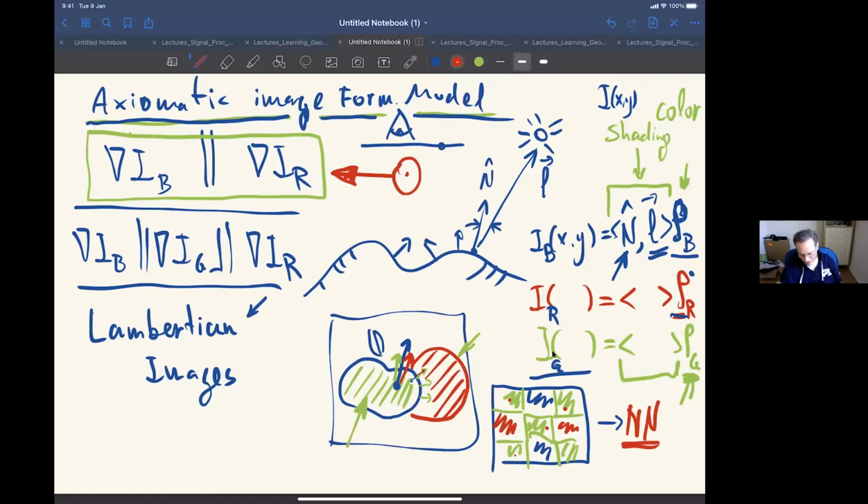Think about it. You interpolate for the blue here or for the red here, and you force it to have a gradient which would be aligned in direction with the gradient of the green and the gradient of the blue.